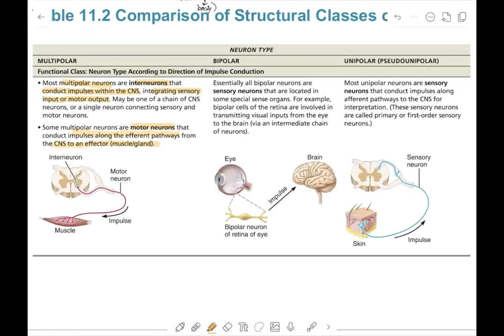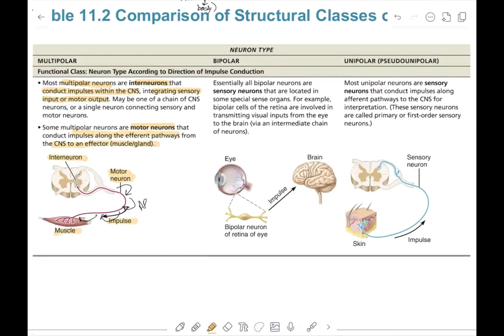So you can see an example of an interneuron here and a motor neuron that's going to transmit that action potential very quickly to the muscle in this case. And these arrows represent action potentials.